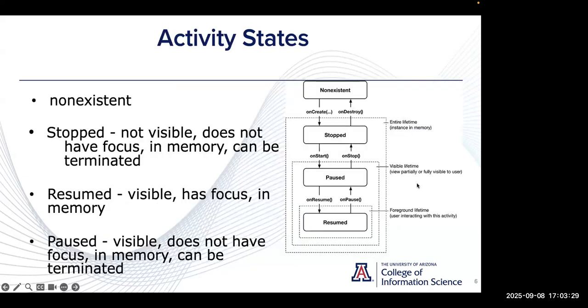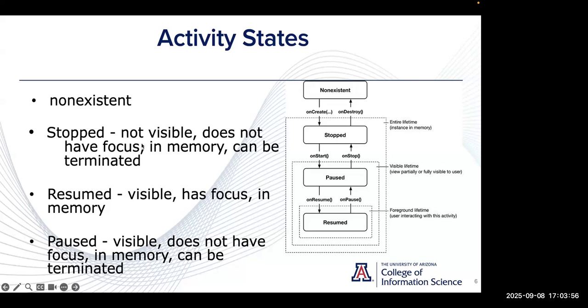All right, so the activity states. These are the 4 that we're going to be looking at, and we're going to be using some of these methods, such as onCreate. I'll just walk through each one of them. Non-existing: the app is closed, nothing really exists.